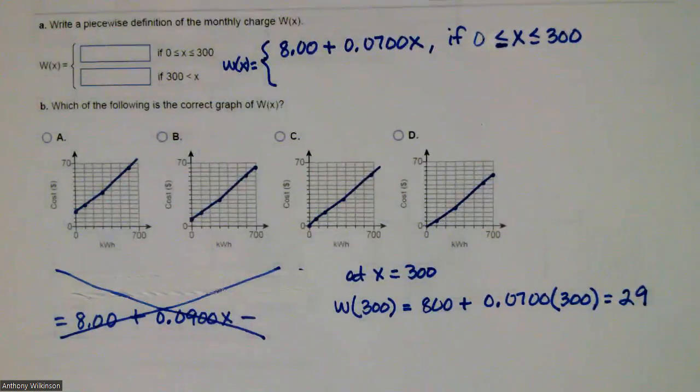So that means for the first 300 hours, this person's going to be paying $29 plus.